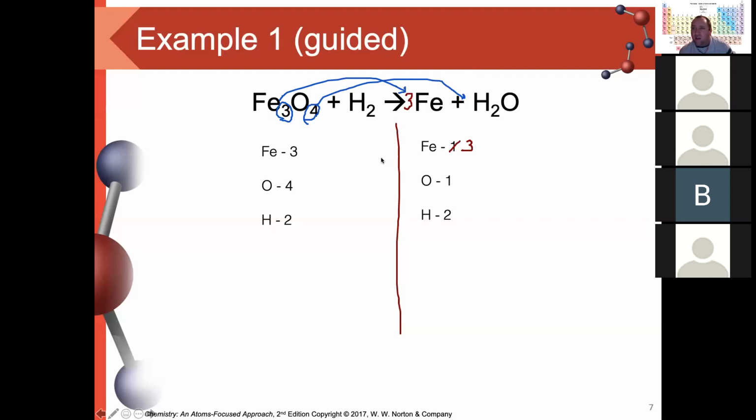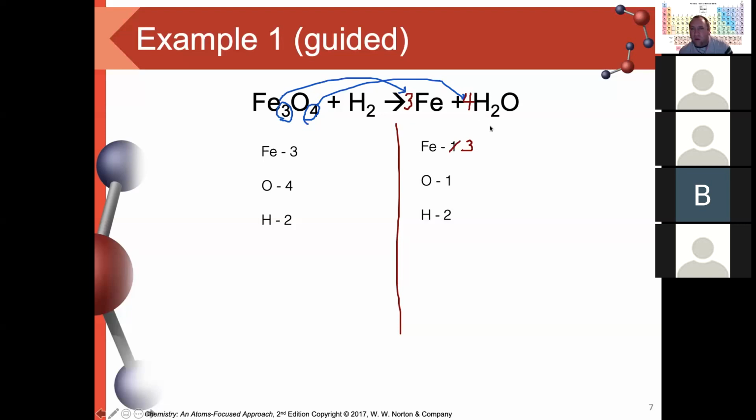And if not as subscripts, they're going to help to lead us to the correct subscripts. So 3 from the iron here becomes 3 irons there. 4 on the oxygen there is going to become 4 waters.